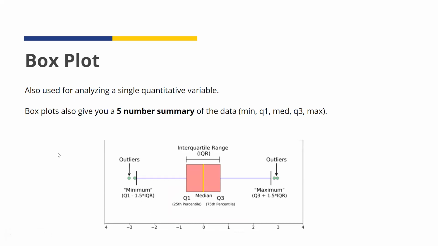Box plots are another one. This gives you a general summary of base statistics like median, mean. If there are any outliers in your data set, that's something that's very easy to see through a visualization like this one.